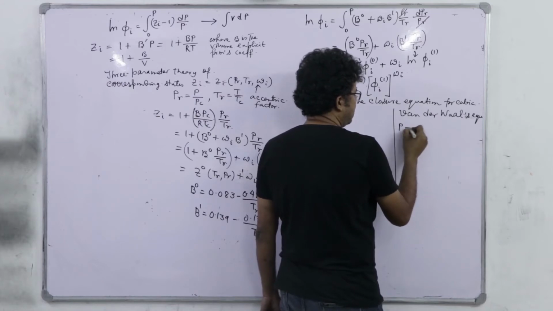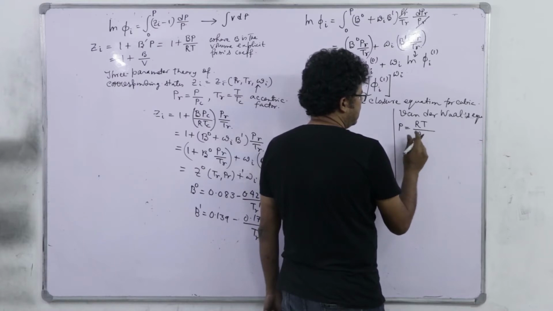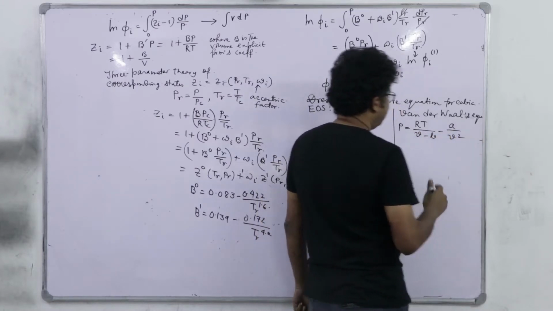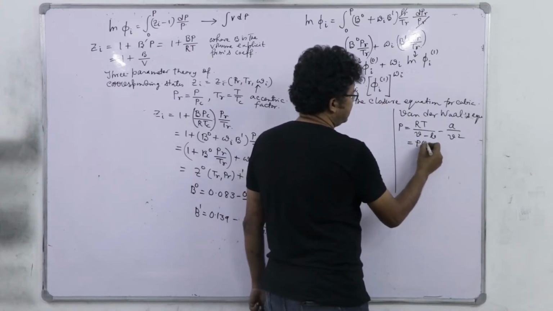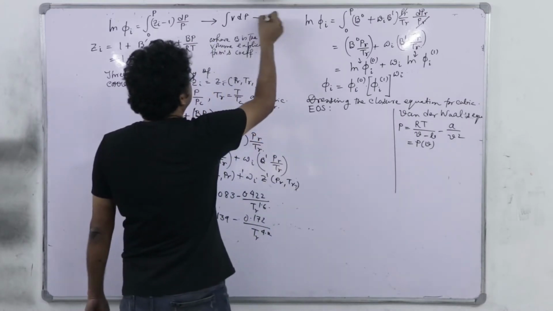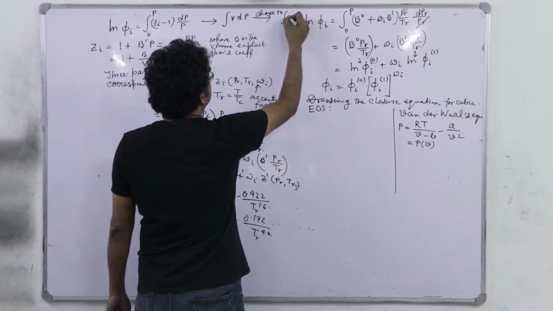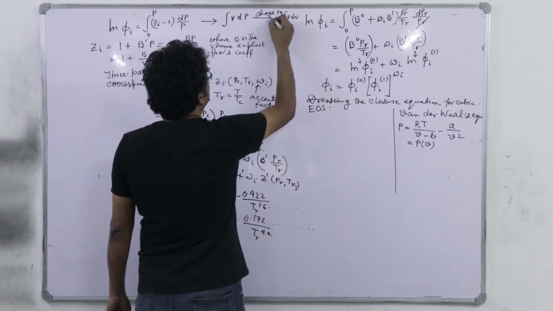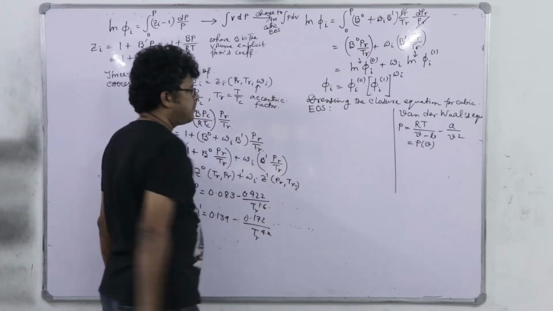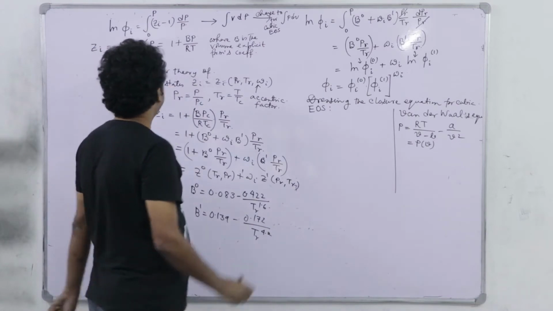So, P is equal to RT divided by V minus b, minus a by V square. So, pressure is expressed as a function of volume. So, the integral of V dP has to be changed to the integral of P dV for the cubic equation of state. So, you have to replace this.